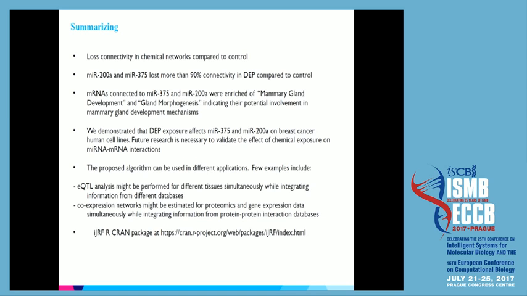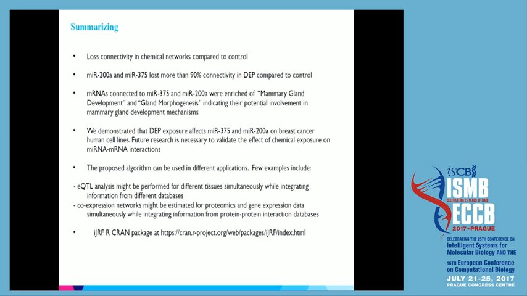So you showed that there's less microRNA in the DEP setting, right? Is the lesser amount of microRNA the reason for the loss of connectivity, or is there something going on that prevents the microRNA-mRNA pairing? Yeah, we don't know. Thanks for the question. It's not that there are fewer microRNAs, yet there are fewer interactions between microRNA and messenger RNA.